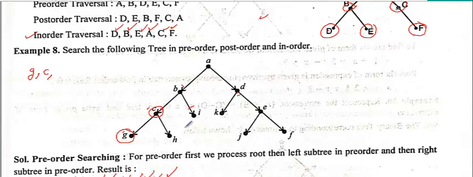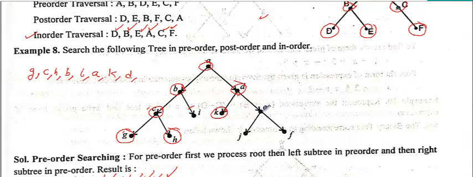Okay, then right H. Okay, then again root B, then right I. Okay, then root A. When you move to A, because this is not a left, first you will visit the left, first K, then root.